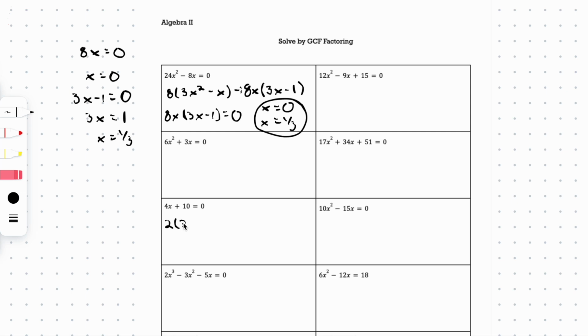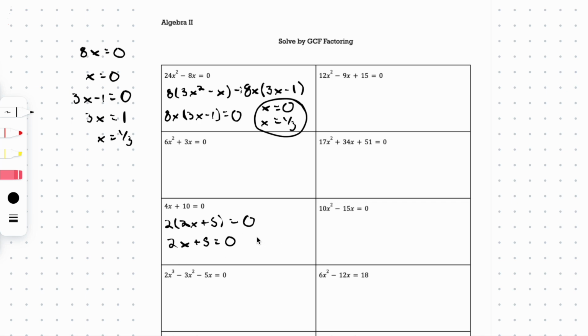That gives us 2x plus 5 equals 0. Now, technically, I don't need this 2 out front. I can divide both sides by 2, and we just get 0 over 2, which is just 0. So we just need to set 2x plus 5 equal to 0 and solve from there.